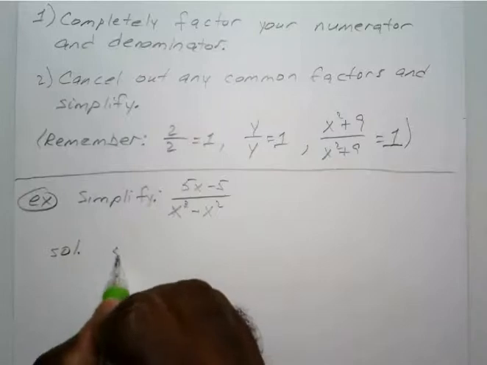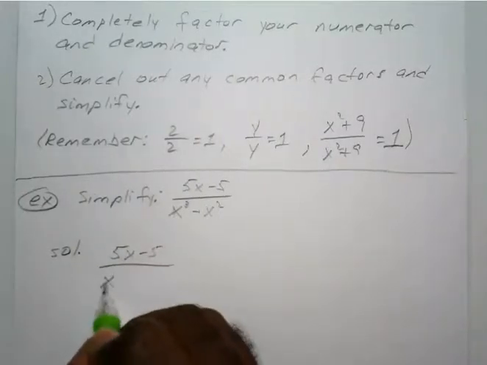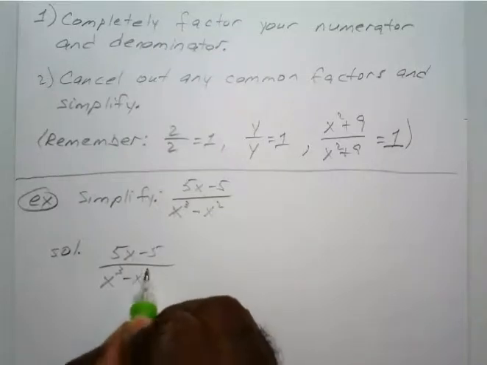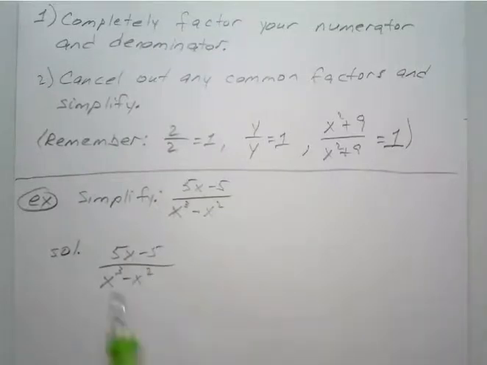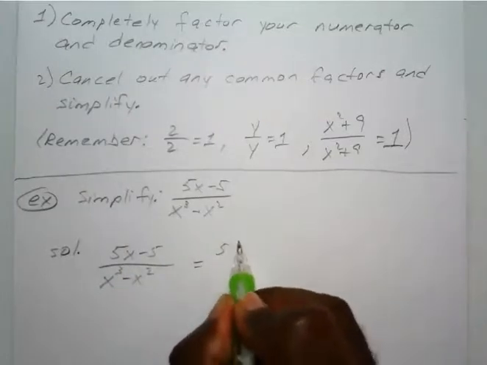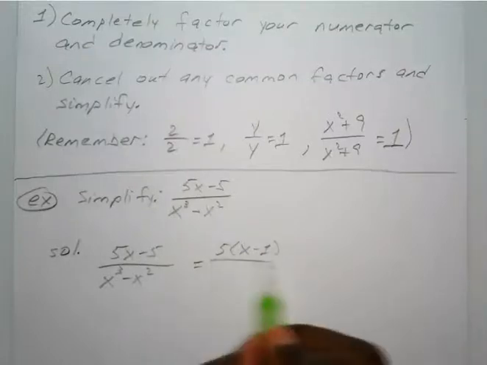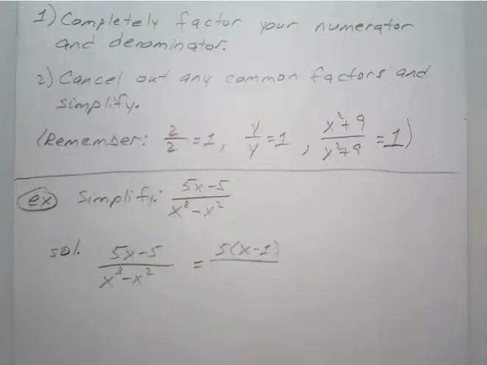Okay, so if we have 5x minus 5 over x to the third power minus x squared, we can actually factor a 5 out of both of those terms up here. So our numerator becomes 5 times x minus 1. Over here, we can factor out an x squared.